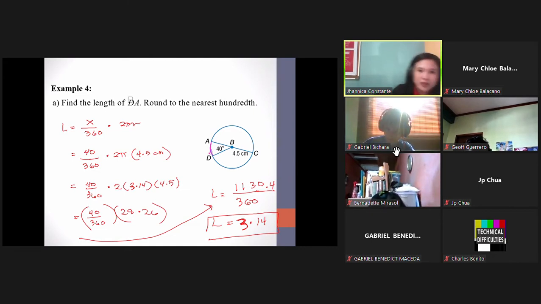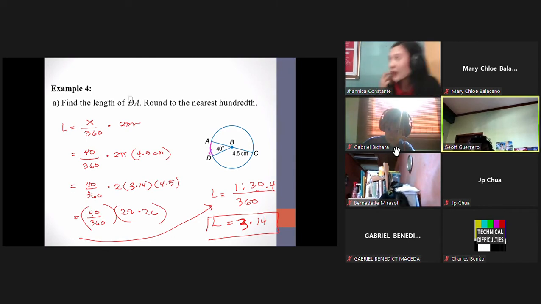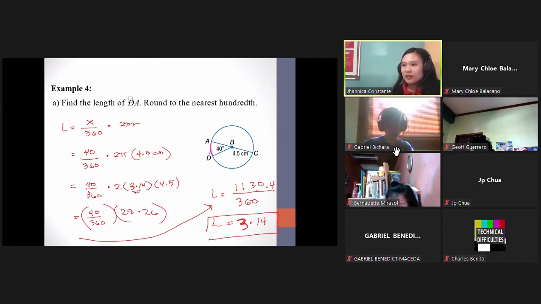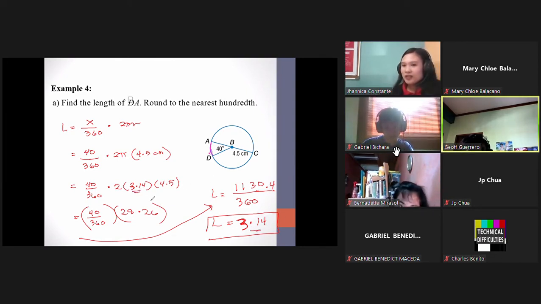Okay na? With this example? Teacher, how'd you get 3.14? This one? Or this one? The first one. This one, we get it from the value of pi.